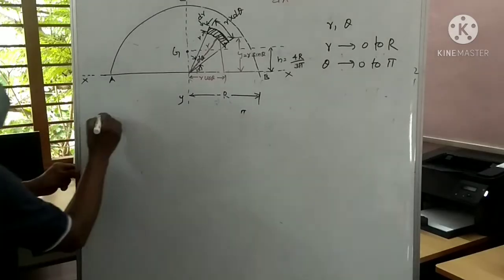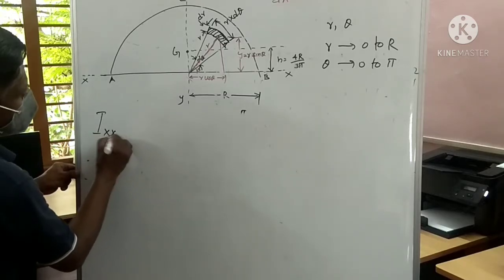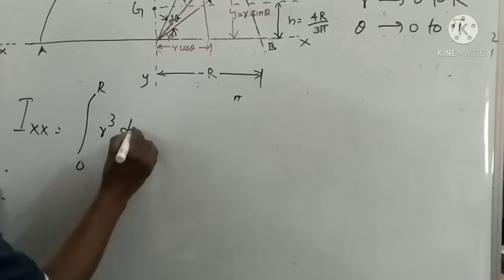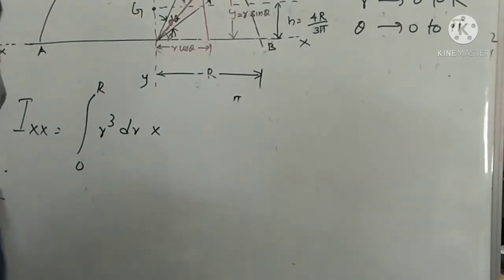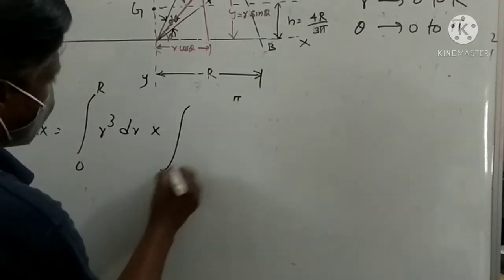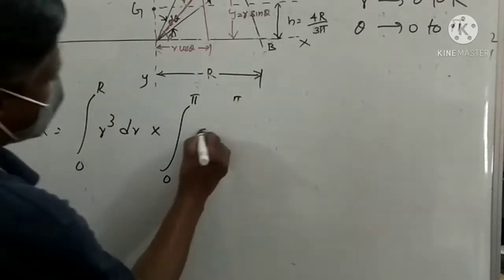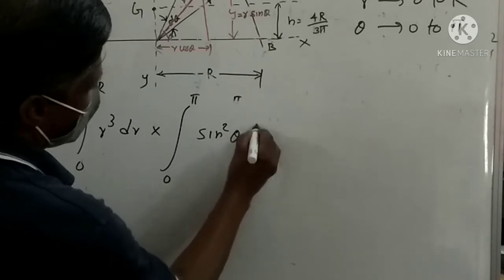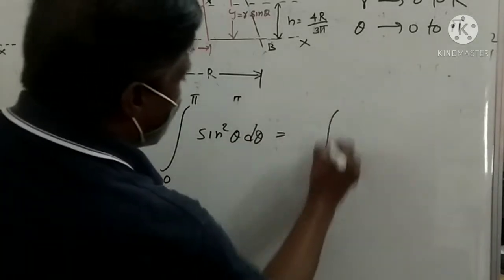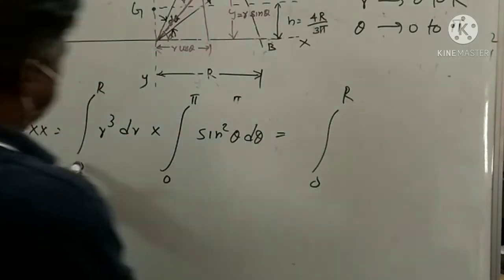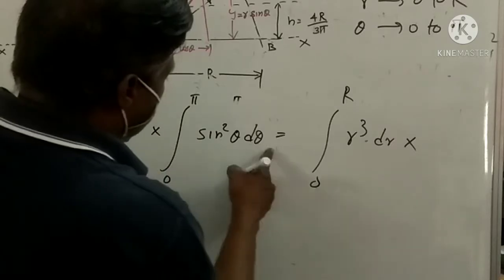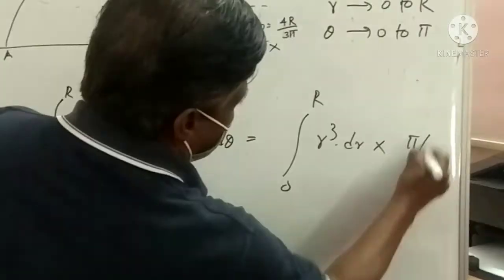So our previous expression, Ixx, is equal to the integral of r cube dr from 0 to r, into the integral of sin square theta d theta from 0 to pi, which gives pi by 2.